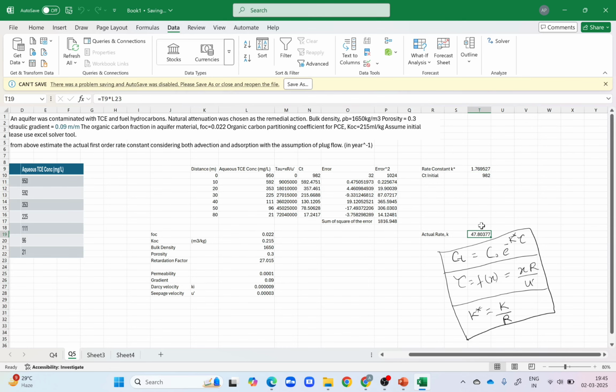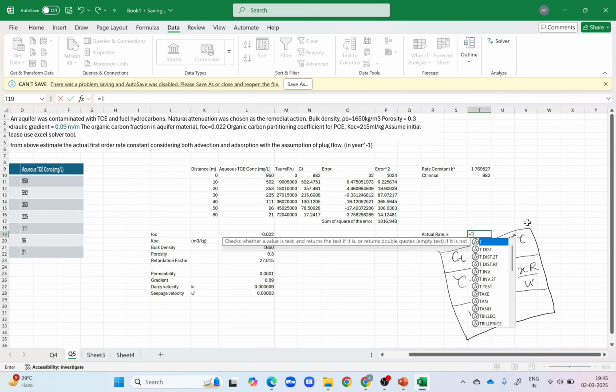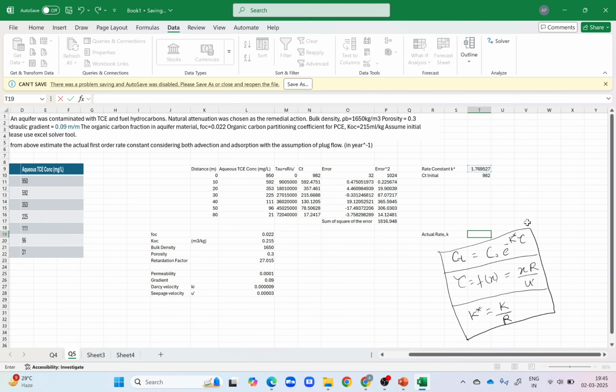We can find out the actual k by dividing this k, that is 1.77, by the retardation factor, I think. Sorry, this will not be division, this will be multiplication. Actual k will be R into k star, where R is 27.015 and k star is this much.